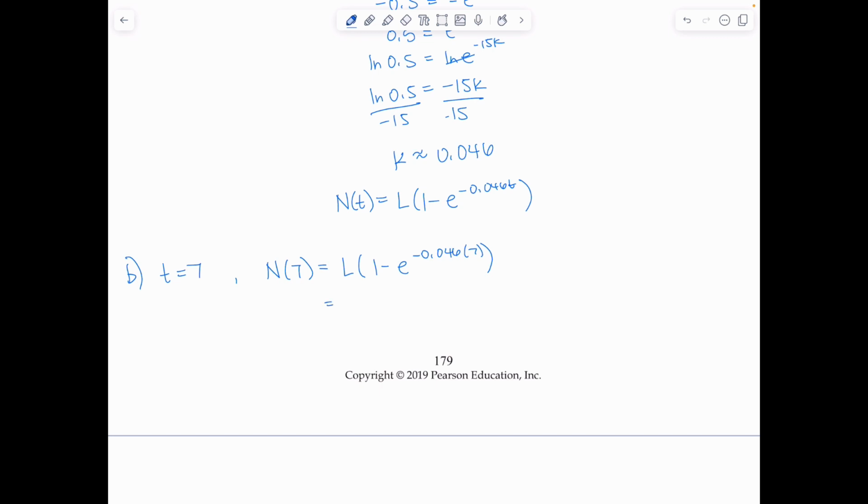This will give us L times 1 minus 0.72468, which will give us L times 0.275302, which we're approximating here as 0.275 L.